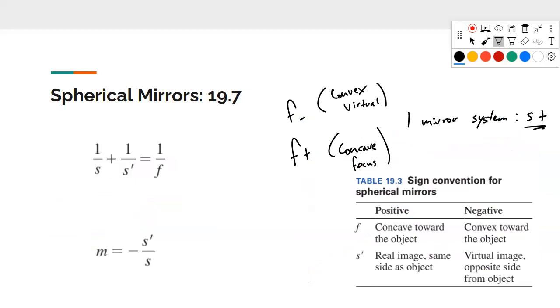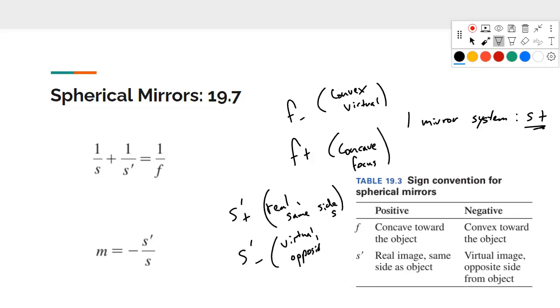So S prime is positive for a real image, which means that it's on the same side as our object length S. And S prime is negative for a virtual image, which is on the opposite side, away from the object. And so that's really all there is to it.